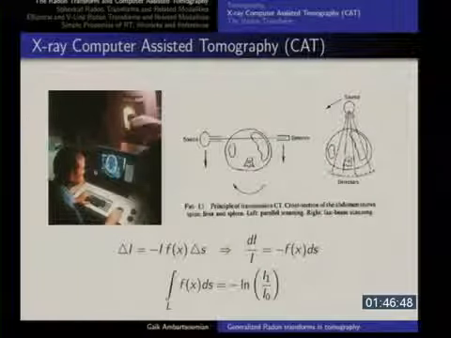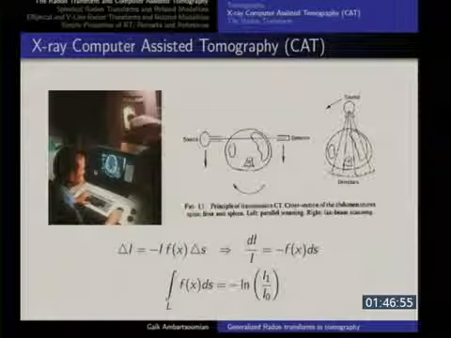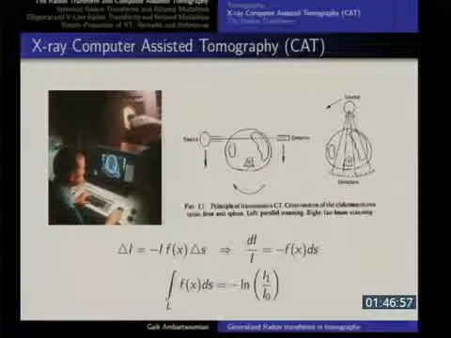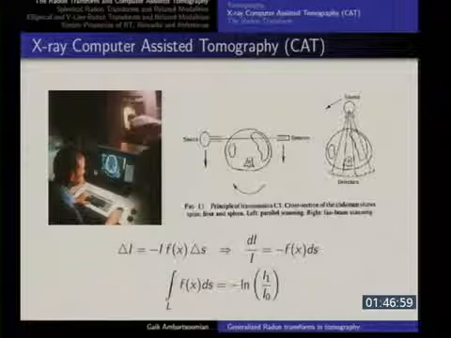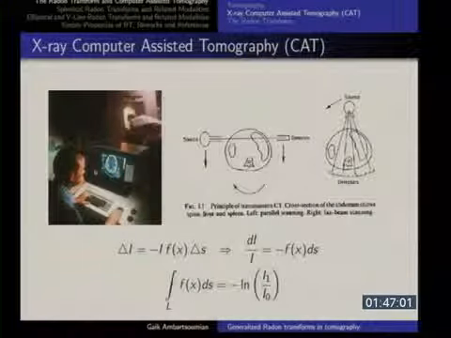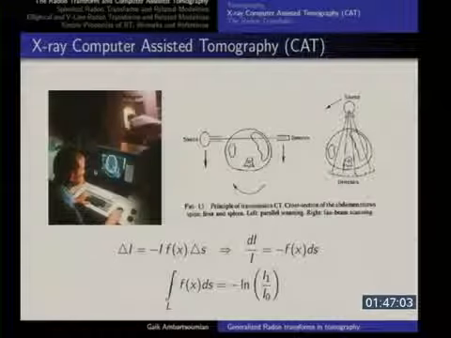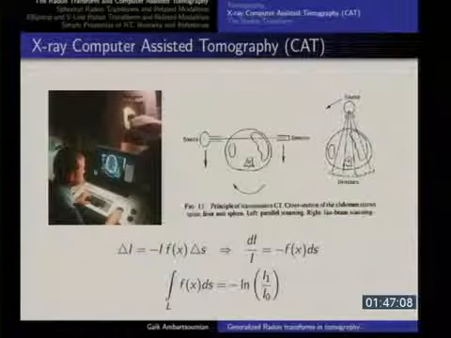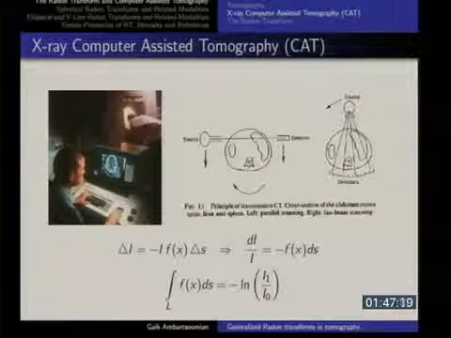So if you make things infinitesimally small, you get a differential equation, in fact separable and everything. You just integrate, and you immediately see that because you know I1 and I0, the final intensity and the initial intensity, the right-hand side is completely determined. So what you're measuring is the integral of this absorption function along the line L.